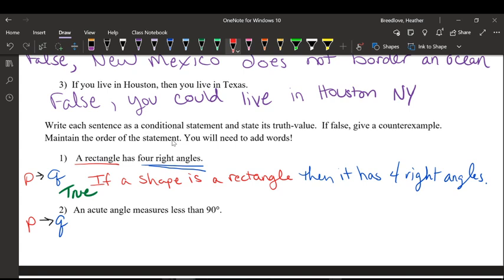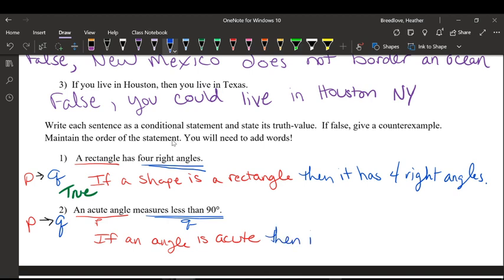An acute angle measures less than 90 degrees. So we're going to talk about the acute angle for P, and we're going to talk about how it measures less than 90 degrees for our Q. So if an angle is acute, then it measures less than 90 degrees.